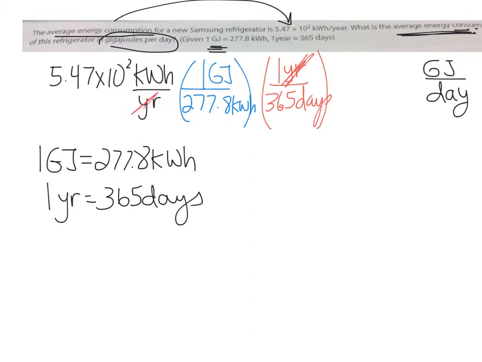Years on the top cancels years on the bottom, numerator, denominator. Kilowatt hours in the denominator cancels kilowatt hours in the numerator, and we are left with the correct unit that we wanted, gigajoules per day.